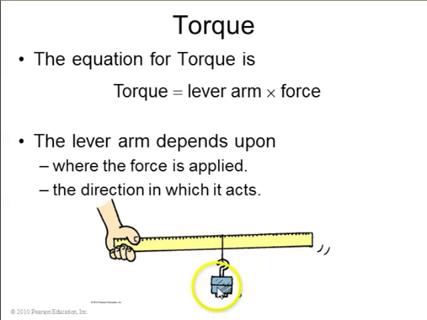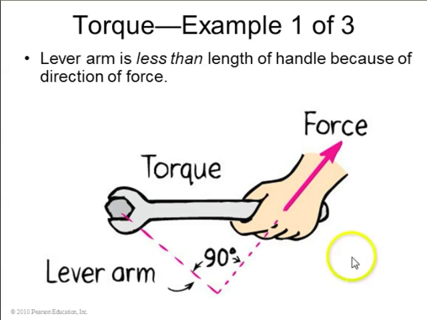So as you move this mass out, the torque of the mass on the ruler, with the rotation axis being this hand, gets greater and greater. If you have a wrench being pulled at an angle, then the lever arm is the distance between the rotation axis and a line that's drawn through the force.